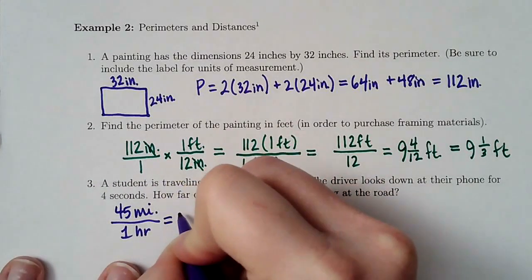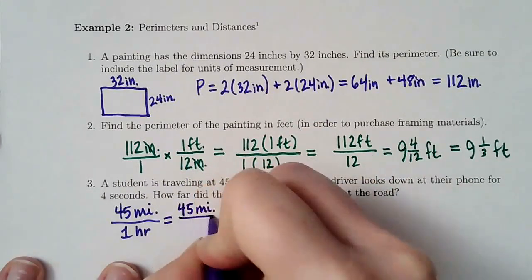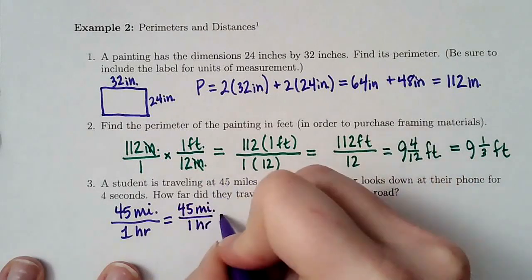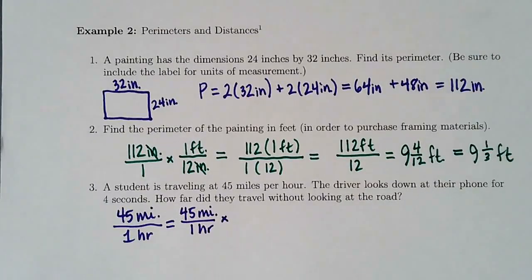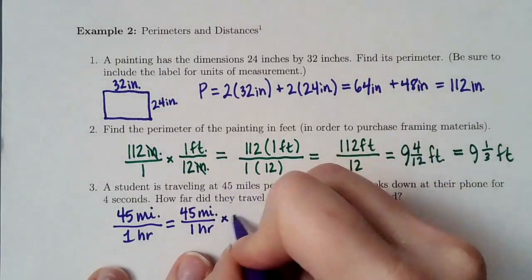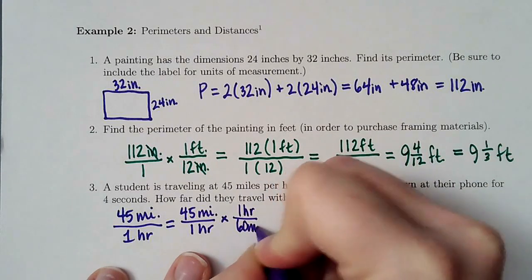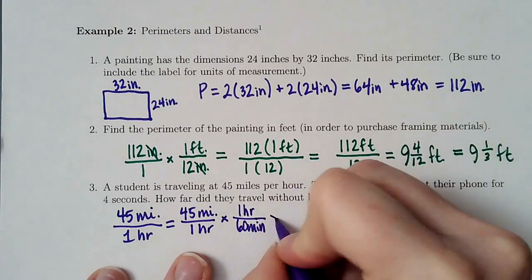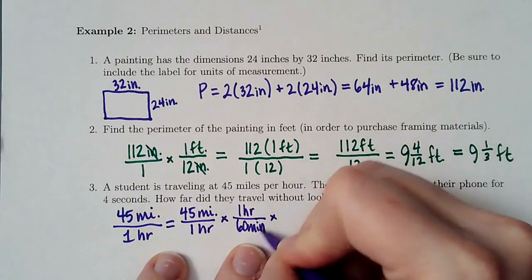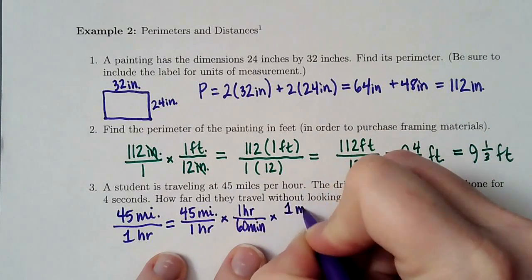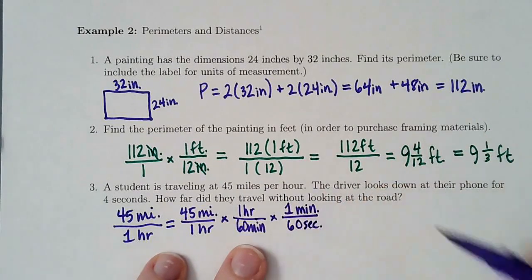Well, there's 60 minutes in 1 hour. So 1 hour is 60 minutes, right? And there are 60 seconds in each minute. So 1 minute, 60 seconds.